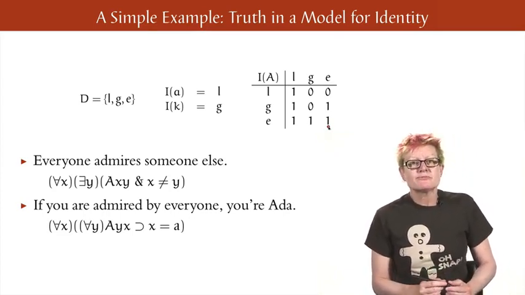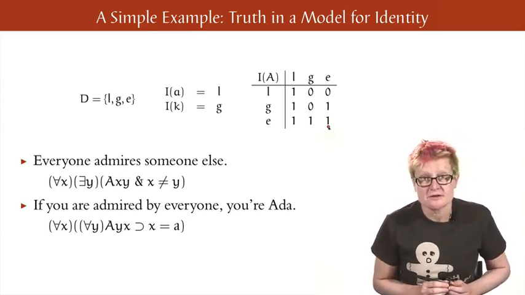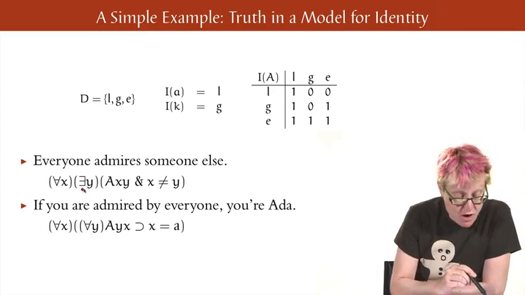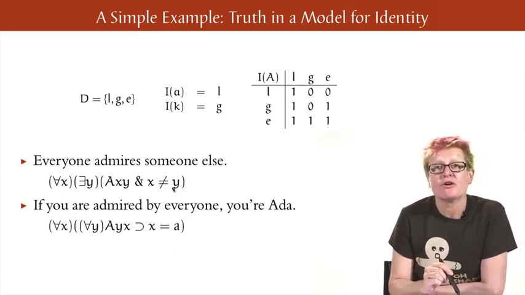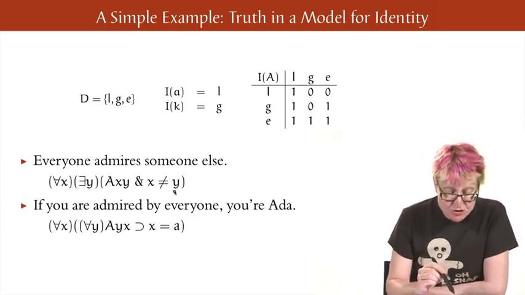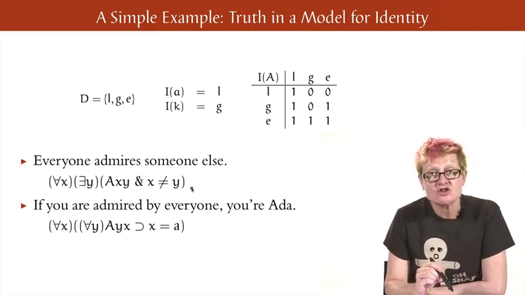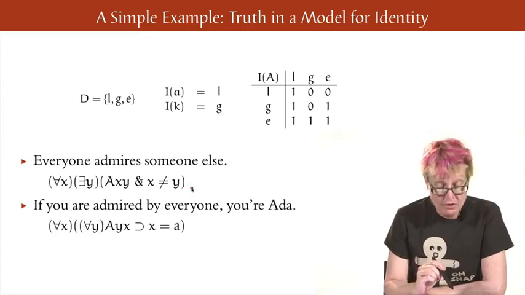Okay, let's look at the truth or falsity of some formulas in this model. First, the formula expressing that everyone admires someone else. This is written: for all X, there exists a Y, X admires Y, and X is different from Y. This is a universally quantified formula, so for it to be true in this model, we would have to verify that each of the three instances are true in this model.